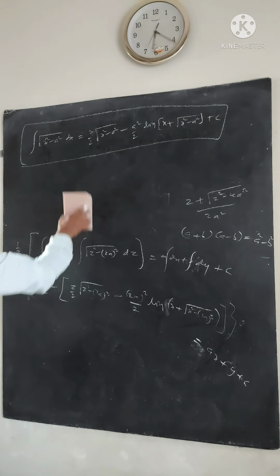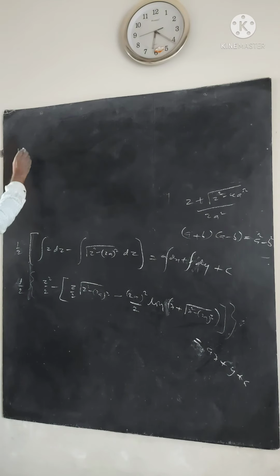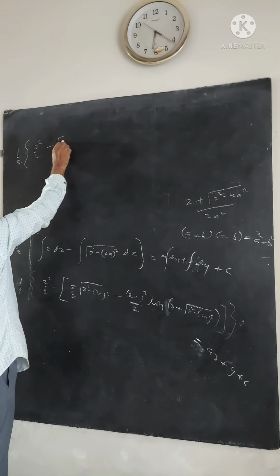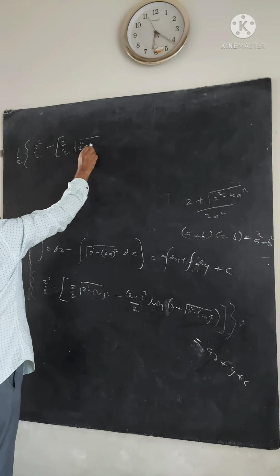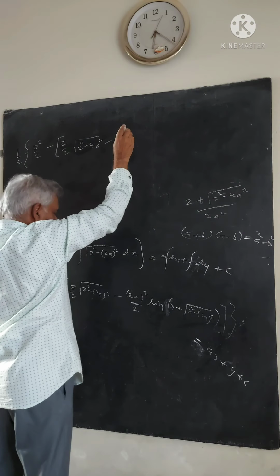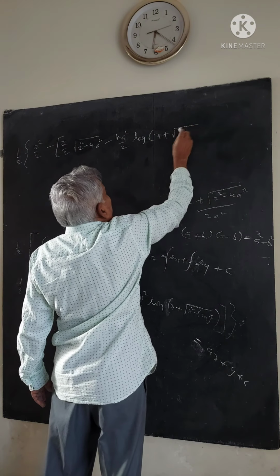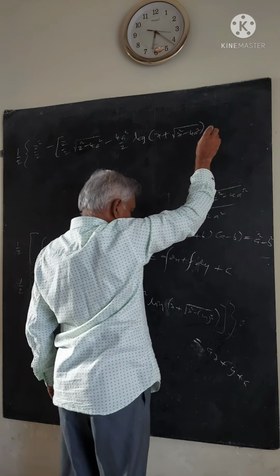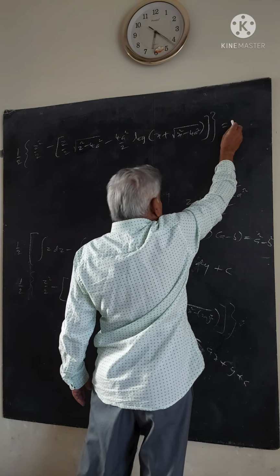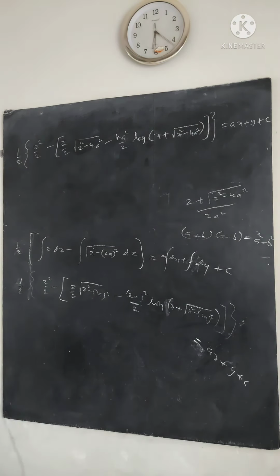Equal to 1 by 2, z square by 2 minus, in bracket, z by 2 root of z square minus 4a square minus 4a square by 2 log of z plus root of z square minus 4a square, close the bracket, equal to ax plus y plus c, a constant, the integral constant.